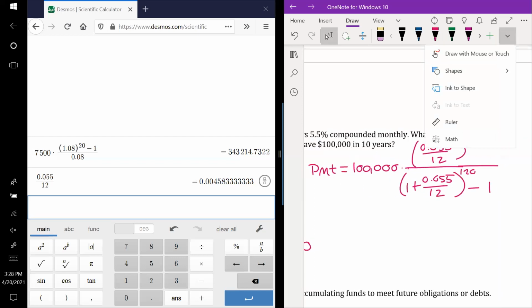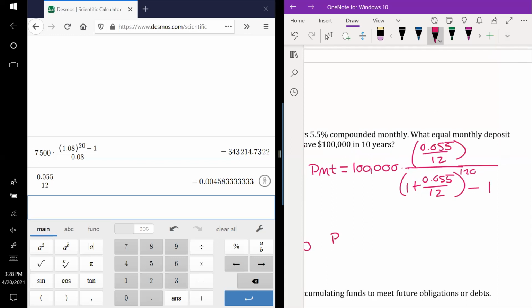There it is. And again, that's exactly what we are going to type into our calculator.